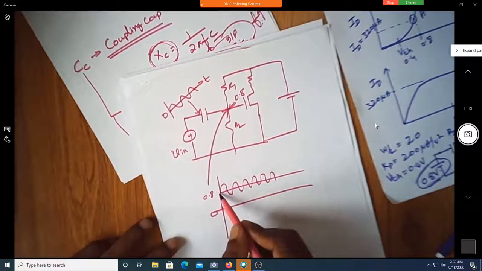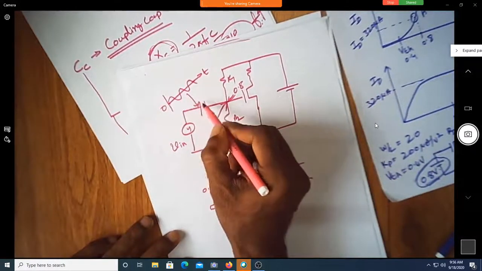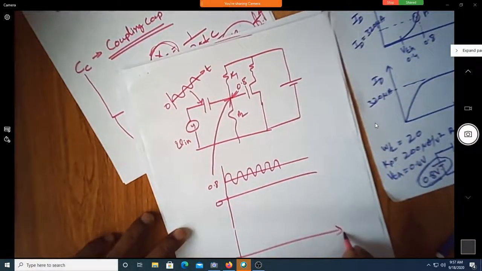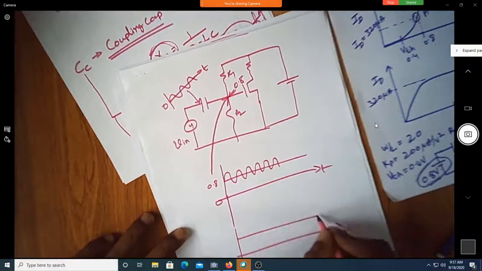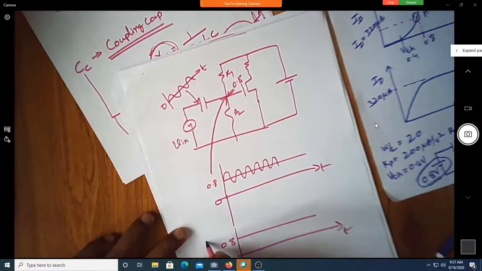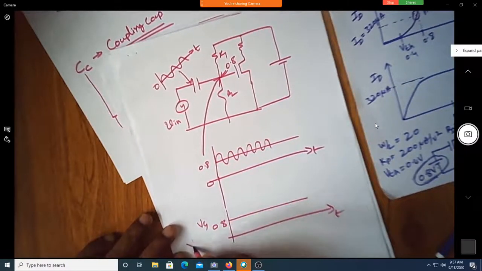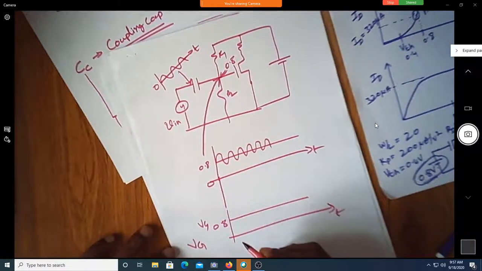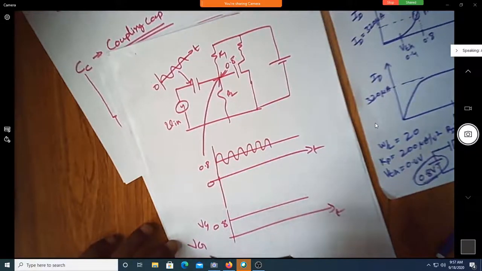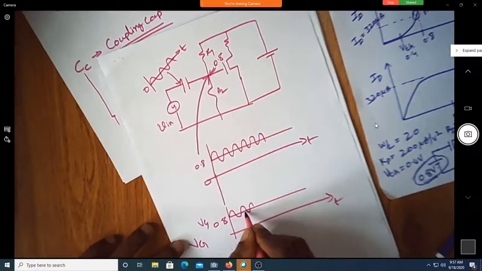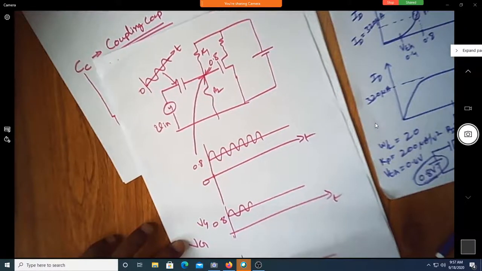Without the input signal, what was the voltage at this point? Was it this 0.8 at VG? Now you can see I'm writing it as capital V, capital G. Now suppose you connect this, the AC signal is superimposed on that. Of course, you will not see both the lines. What you will see is a waveform something like this.